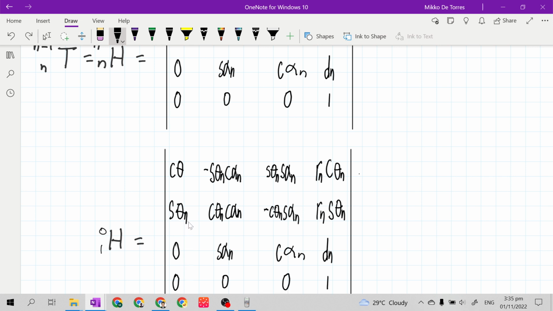N describes the row. So this is theta 1 in every theta position, alpha 1 in every alpha position, R1, and D sub 1. Only one D.